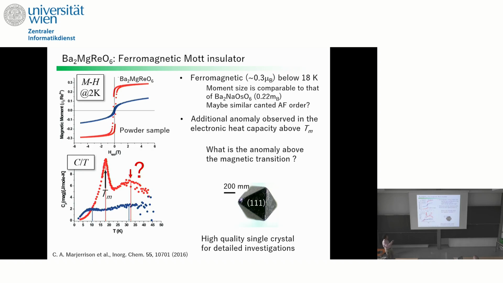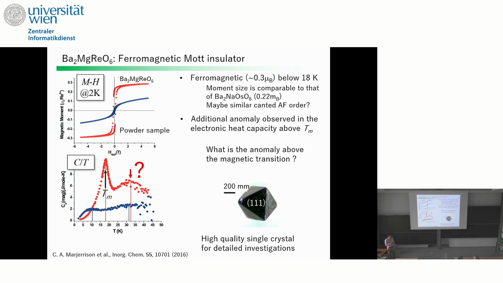This compound shows ferromagnetic behavior, but the saturation moment is 0.3 μB, which is very similar to that of the osmium double perovskite. And they also found this broad feature in the magnetic transition. So it must be something. We are very excited with this result and started growing single crystals of this compound.